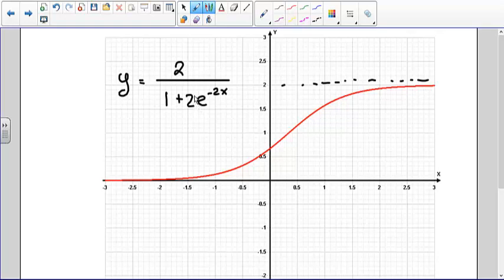If you let x equal 0, that's here, that's your initial amount. So if you let x equal 0, you'll get 2 over 1 plus 2, because e to the 0 is 1, so you get 2/3, and that's why that's 2/3. So that's the initial amount because of b.